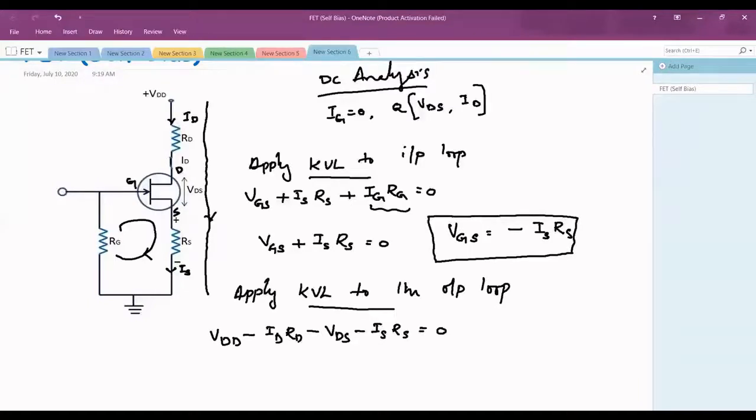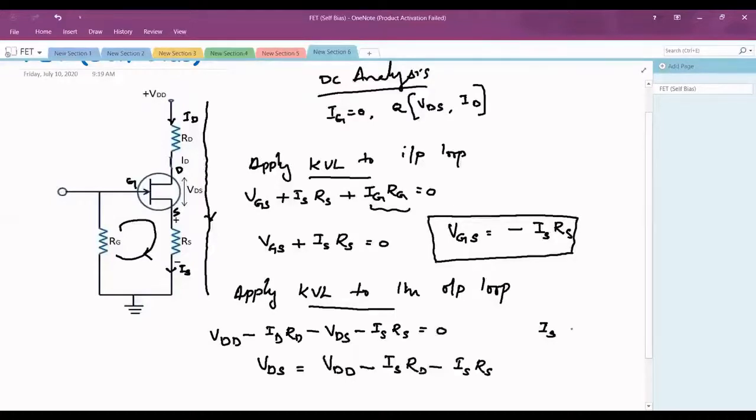If I take VDS to the right hand side, I get VDS, that is the second operating point, equal to VDD minus IDRD minus ISRS.